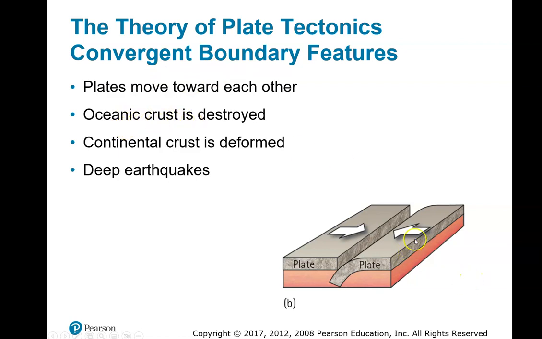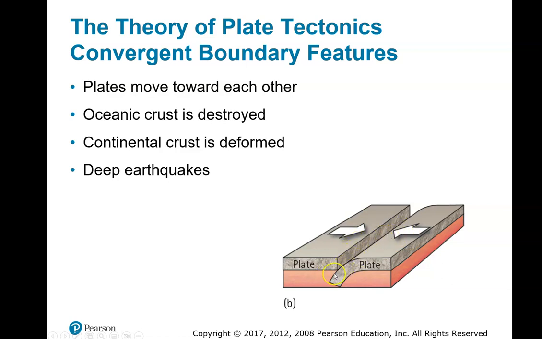So remember, the oceanic crust is more dense than the continental crust. In this case, they're assuming that an ocean plate and a continental plate are heading towards each other, and so this is subduction.